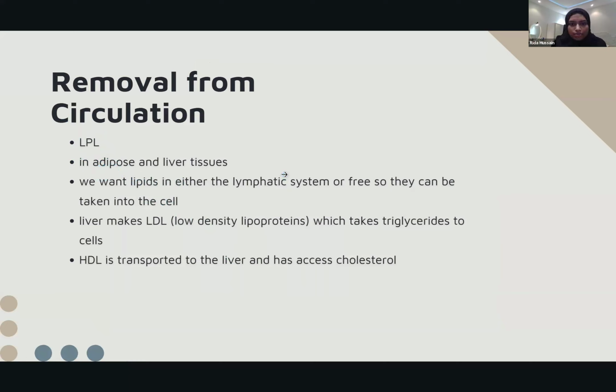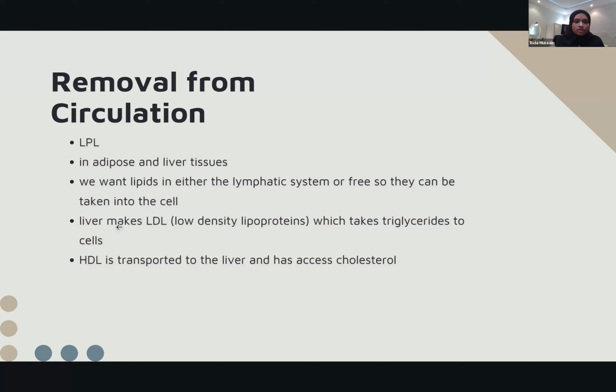It breaks down chylomicrons and makes the lipids available in a form that can be absorbed by the cells for use. So it breaks it down into triglycerides or fatty acids or whatever form the cell can actually absorb, because the chylomicron itself is inefficient to absorb, if that makes sense. So we want lipids either in the lymphatic system or free, which is what lipoprotein lipase does, so they can be taken inside the cell.